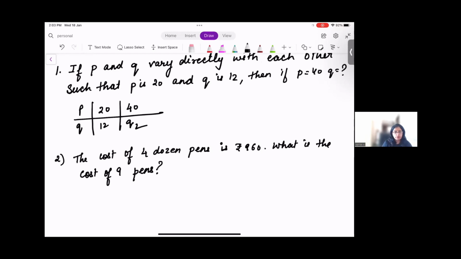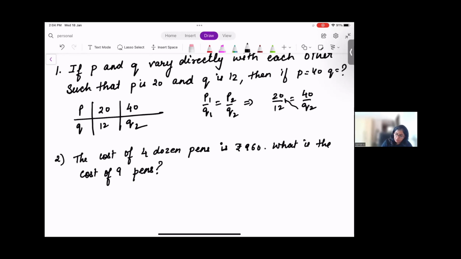Q2 value. We know in case of direct variation, P1 upon Q1 is equal to P2 upon Q2. It implies 20 upon 12 is equal to 40 upon Q2. Though this question can be done mentally also, Q2 will be 24, but let's see how to solve it.